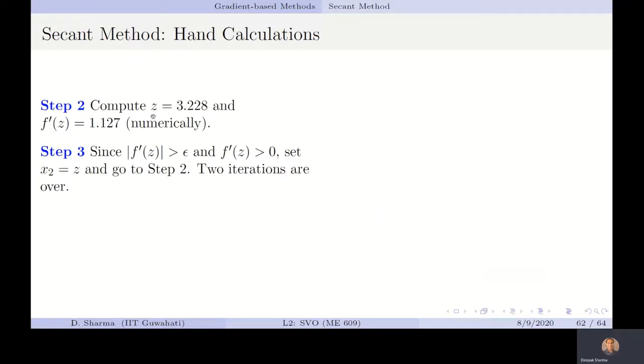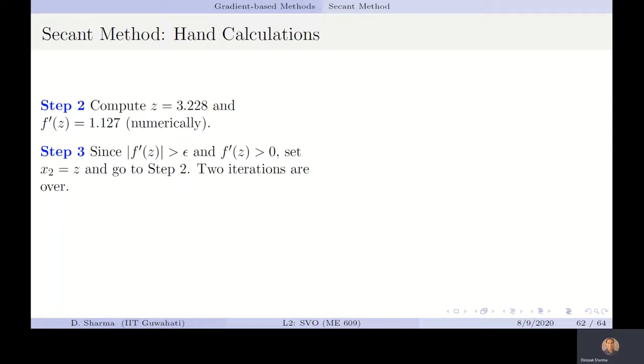Thereafter, we again compute the new Z value using the formula, which came out to be 3.228. We find the derivative, which is 1.128. Now we check the termination condition. Since the derivative of the function at Z is greater than epsilon, we should go ahead. We set x2 equals Z and go to step 2.